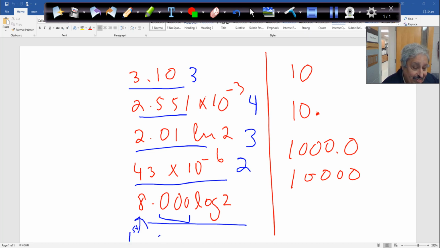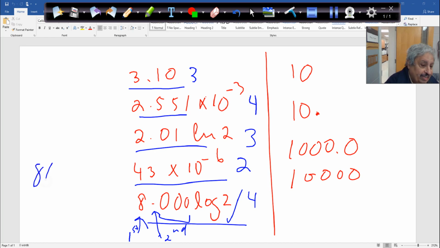Second, the presence of what? Decimal. So this is 4. Two conditions are met. Those zeros are coming after a whole number, and then the presence of the decimal.